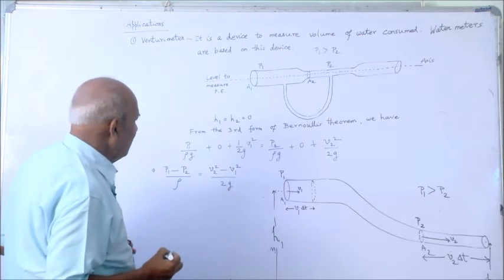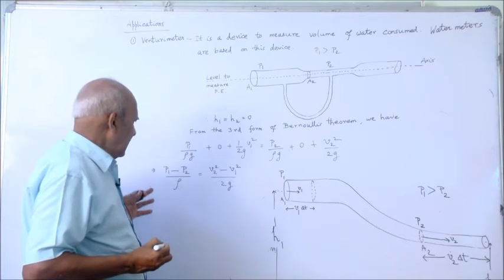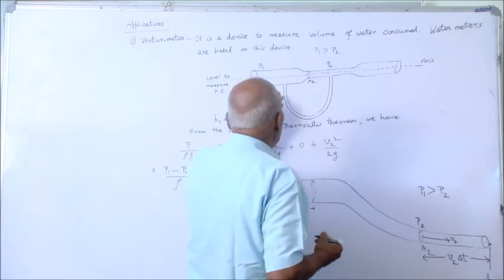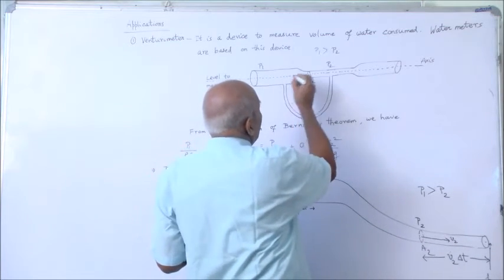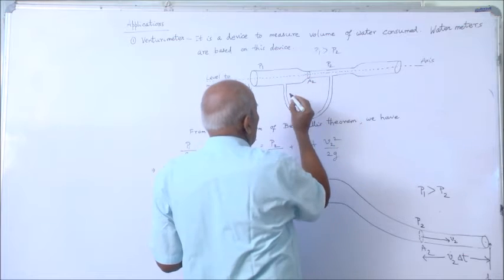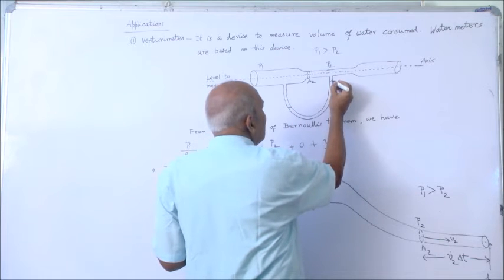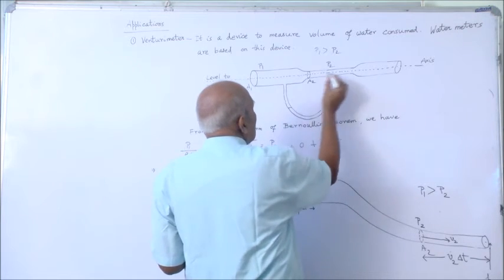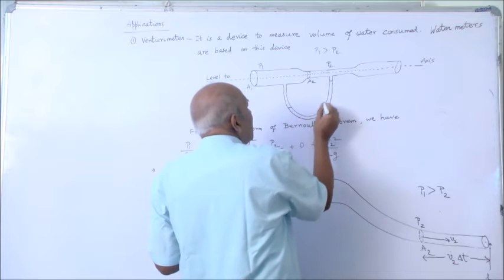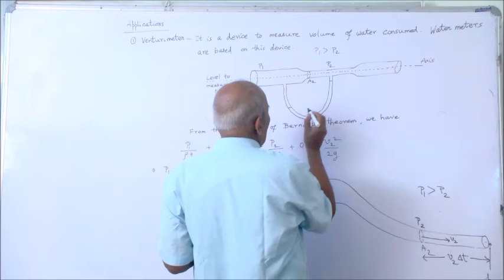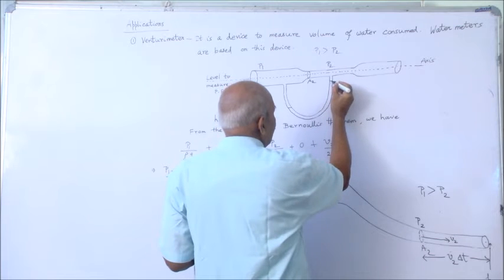Then we come to the use of the U tube. This is a U tube that connects this wider pipe and narrow pipe, and there you take an immiscible liquid. Suppose water is flowing here, you have to take mercury, because mercury and water do not mix with each other.